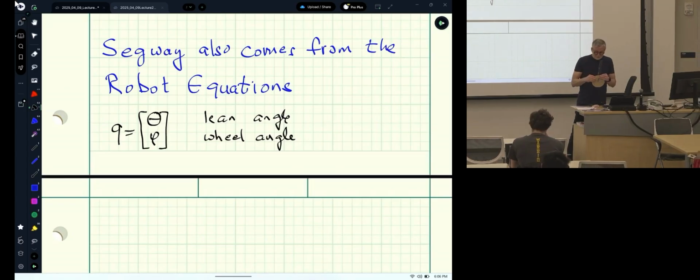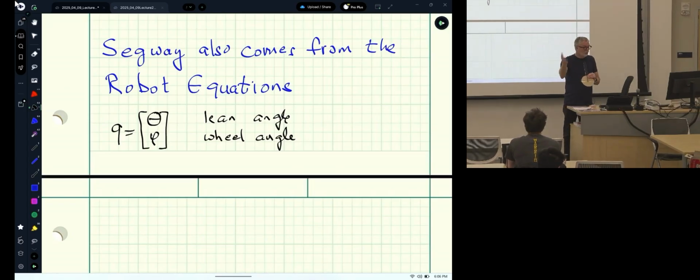It's relative. Now, where do you want to call 0 of the wheel? Here? Here? It doesn't matter, right? There, I set it down, that's 0. It's kind of inconvenient for you guys, so we're going to take it as 0 when the encoder is lined up with the torso of the Segway. Okay?